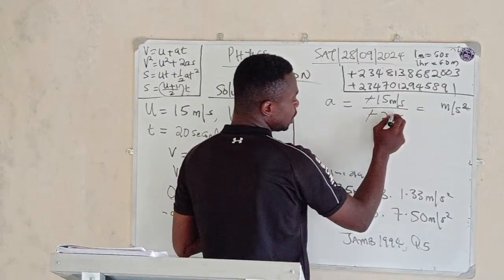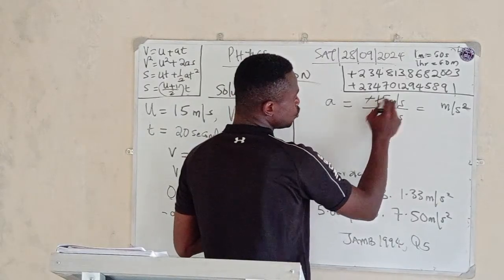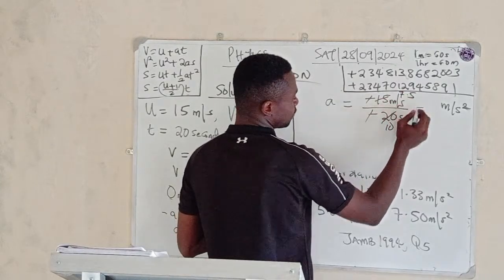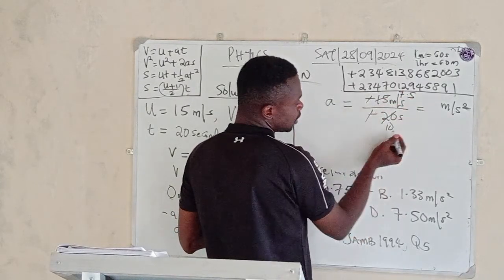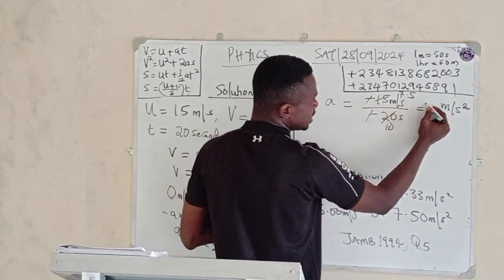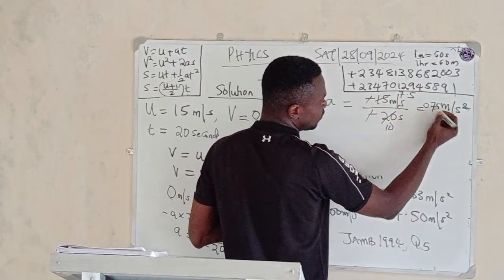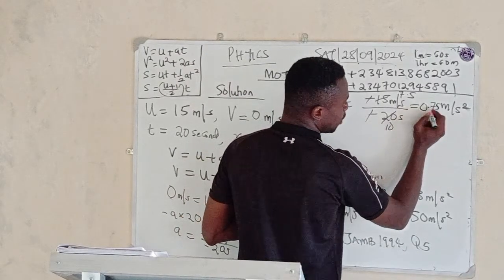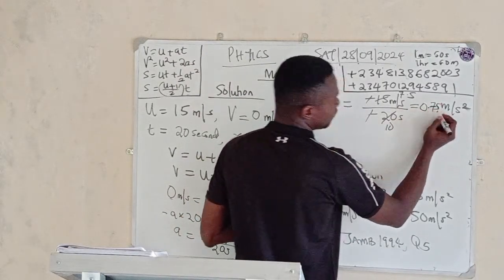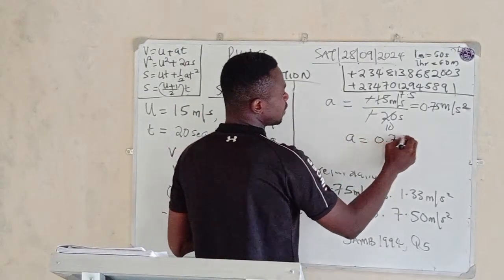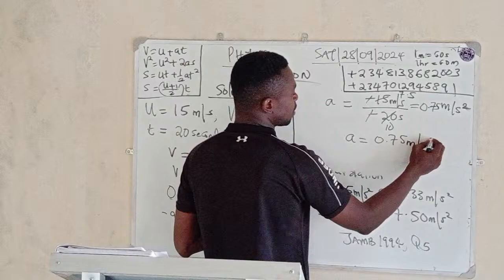If 2 goes, we have 10. 15 divided by 2 is 7.5. 10 divided by 7.5, this decimal point will come here, and it becomes 0.75. So the retardation is 0.75 meter per second squared.